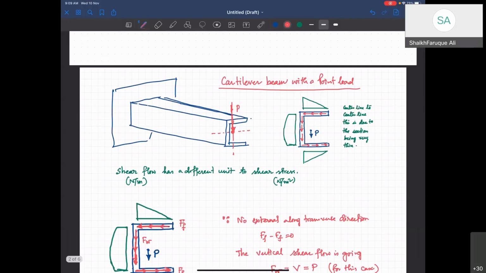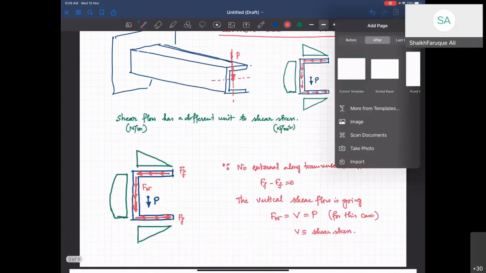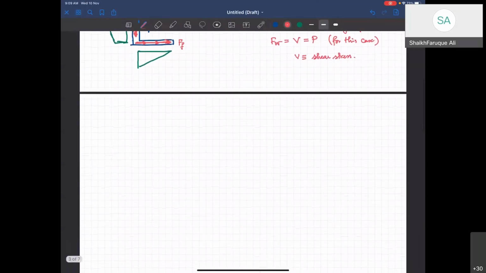Okay, clear? We saw that in our last discussion. Now let's look at something here. So I have this section now, which is a channel section. We call it a channel section or a C section, however you want to name it.